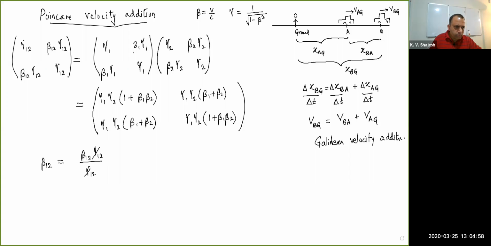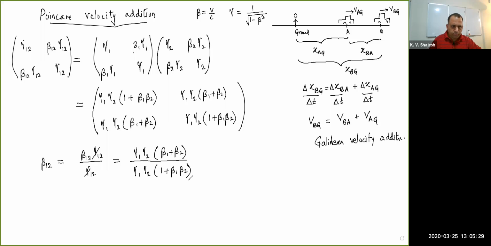These two cancel out, and that gives you the relative velocity. On the right-hand side, the off-diagonal term is gamma 1 gamma 2 times beta 1 plus beta 2, and the diagonal term is gamma 1 gamma 2 times 1 plus beta 1 beta 2.